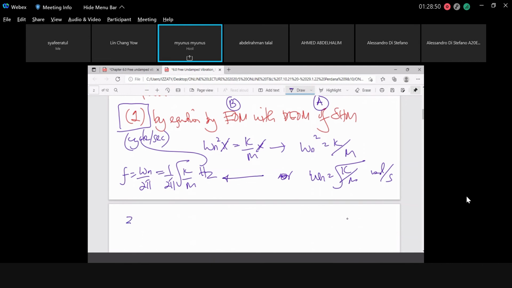Solution number 2. Number 1 was by equating the equation of motion with the differential equation of simple harmonic motion. Number 2 is also by equating with the harmonic motion equation.